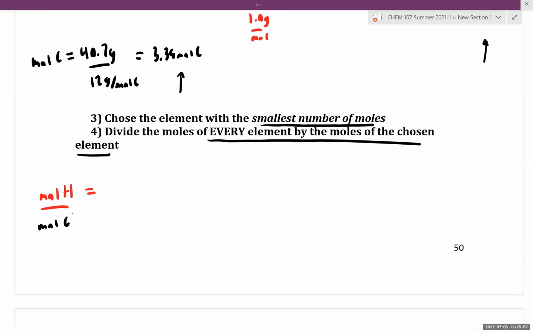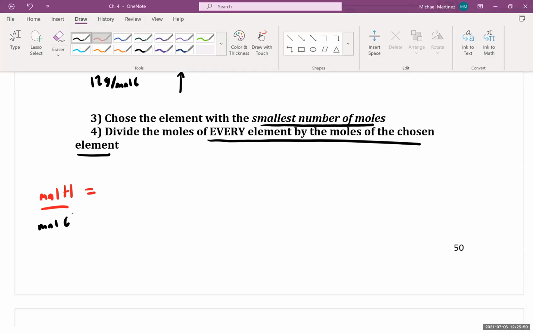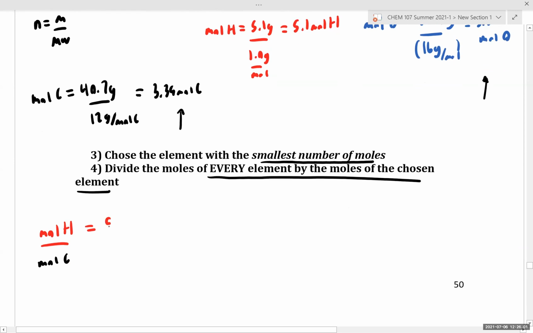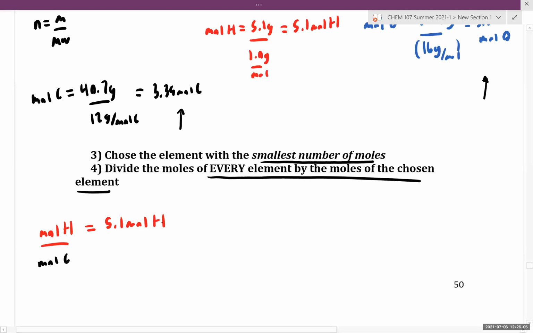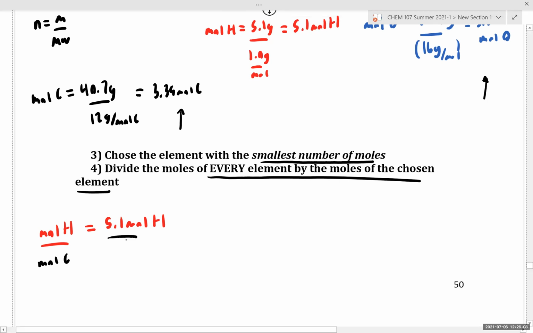So for the moles of hydrogen, we've established that we had 5.1 moles of hydrogen. For the moles of carbon, we established we had 3.39 moles of carbon.